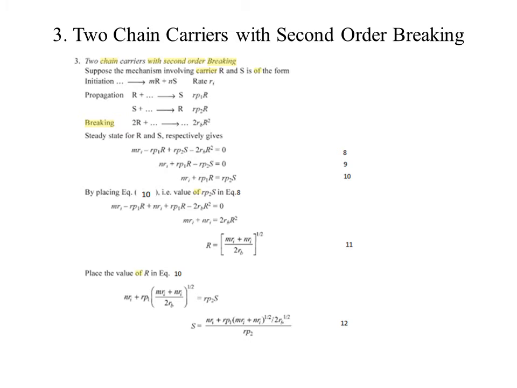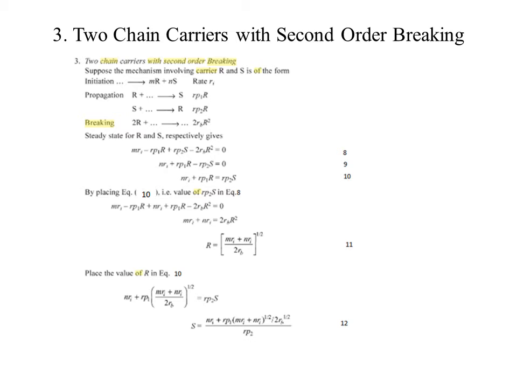Steady state for R and S respectively gives: now when we consider the steady state for R and S respectively, they will give MRi minus Rp1R plus Rp2S minus 2Rb R square equal to 0.